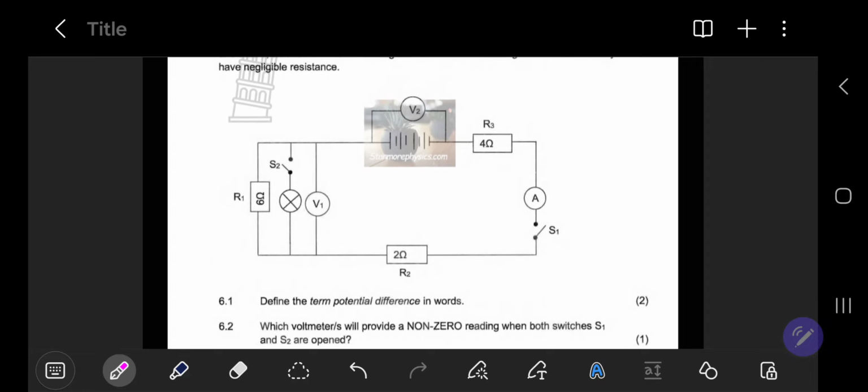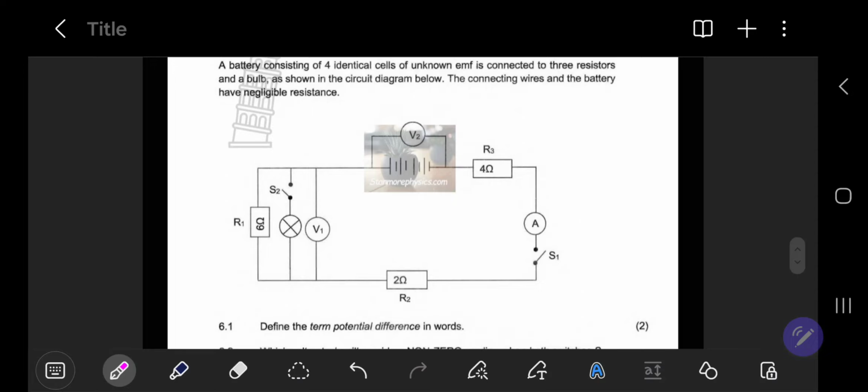Now, before we do any calculations, let's start off by understanding what's going on in the circuit. Firstly, we notice that we've got 2 switches. We have S1 and S2. And what's important about switches is that whenever a switch is opened, it causes a break in the circuit, meaning that current cannot pass through that point.